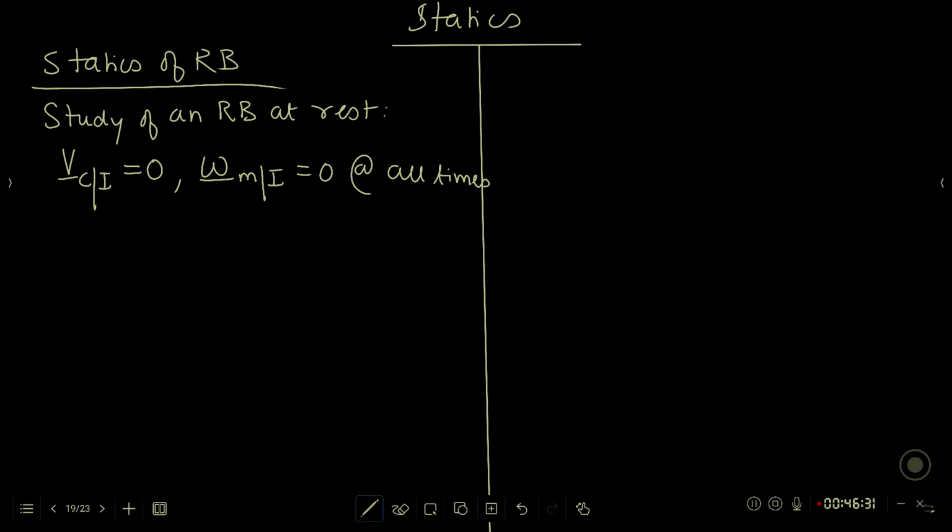We also say that the RB is in static equilibrium, where I is the same inertial frame.